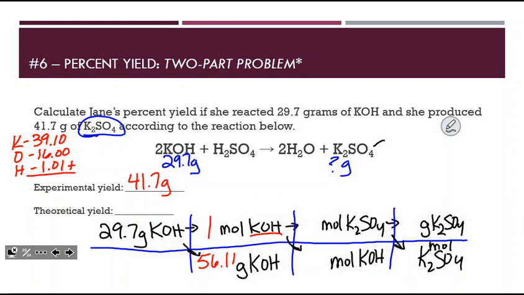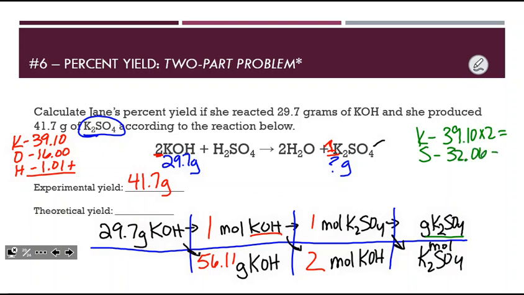Good. So this is the conversion step. Now we look at the balanced reaction. We have 2 moles of KOH that goes down there. Here, there's nothing, so it's an understood 1. That goes right there. So here's our mole ratio step in the middle. Then I also have to do the molar mass of K2SO4. So K is 39.10 times 2. Sulfur is 32.06, and there's only one of those.